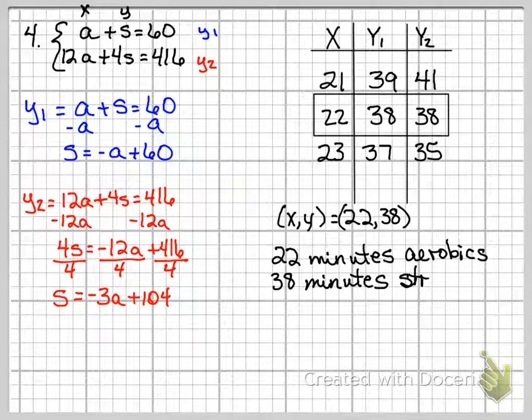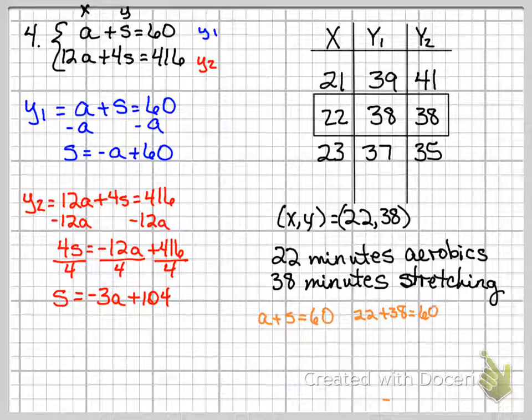Let's check ourselves. Aerobics plus stretching should be 60 minutes. So 22 plus 38 does equal 60. So that is correct. Let's check the other way. 12 times our aerobics and 4 times our stretch added together is 416.